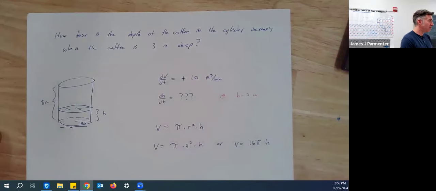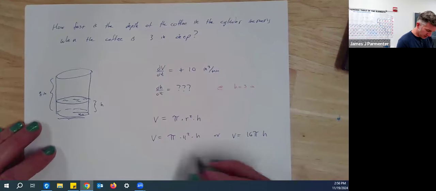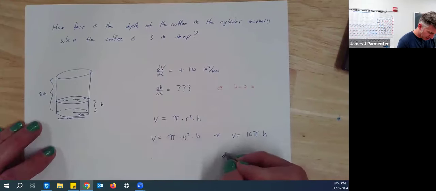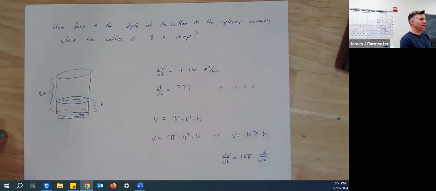Not terrible at all. And if we take the derivative of both sides, I get dV/dt equal to 16 pi times dh/dt. This is an example of a problem where some of the information you have doesn't actually matter. It doesn't matter that the height of the coffee is 3 inches or 5 inches.